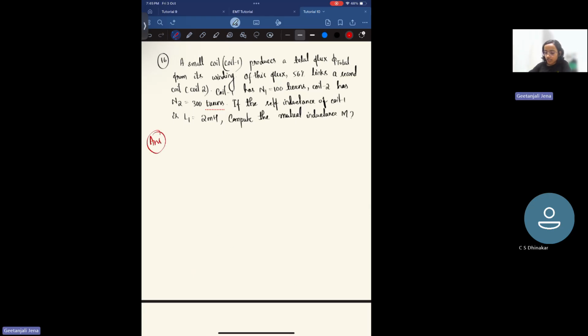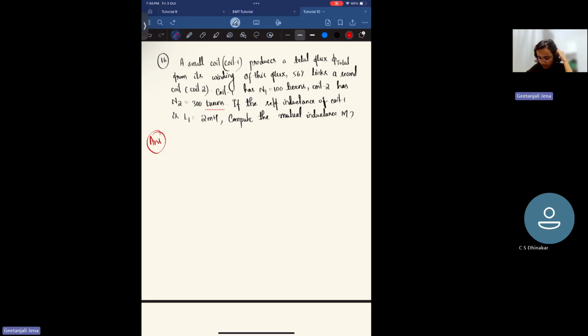So let us see question number 16. There is a small coil 1 which produces a total flux phi total from its winding, and 56% of this flux is linked to the second coil.